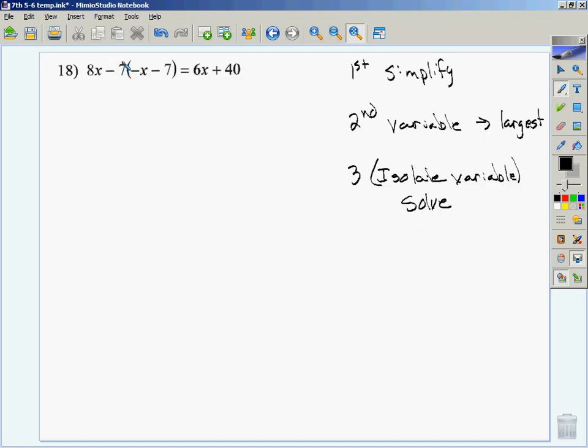When I go to simplify number 18, I'm going to distribute this -7 through the parentheses. So I have 8x. I have a -7 times a -x, which a negative times a negative would make a positive. I have a -7 times a -7. That would also make a positive, and that would be a positive 49.